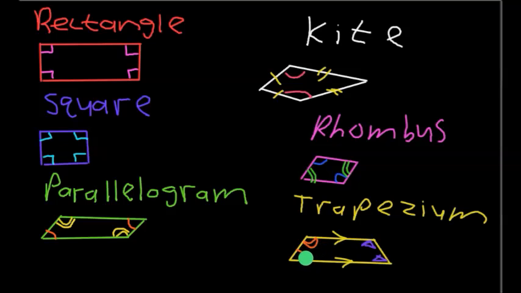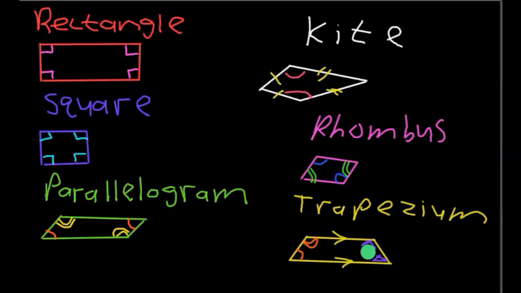So in this case, these orange angles add up to 180 degrees. The one might be 140 degrees and the other one 40 degrees. Or the one might be 100 degrees and the other one 80 degrees. The same applies for the blue angles. They are also co-interior angles, so they should add up to 180 degrees. They are not necessarily the same size, but they add up to 180.